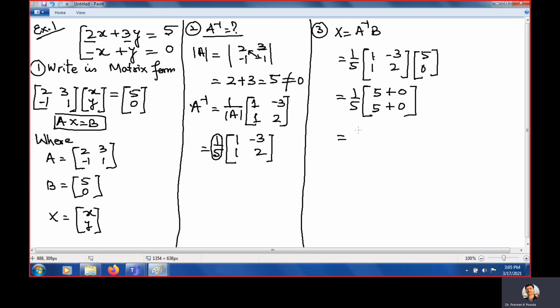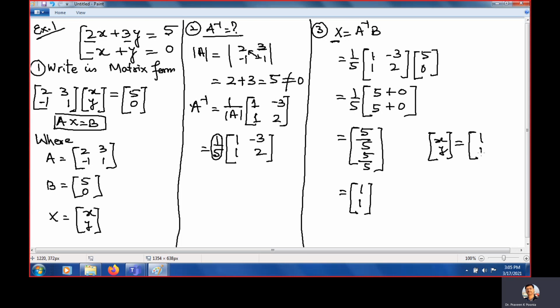Now you take 1 upon 5 inside after adding them. 5 plus 0 is 5, 5 divide 5. 5 plus 0, 5 divide 5. So you are getting 5 divided 5 is 1, 1. Therefore, what is the value of X? The value of X is x, y, 1, 1. Now you can compare x equals to 1, y equals to 1.